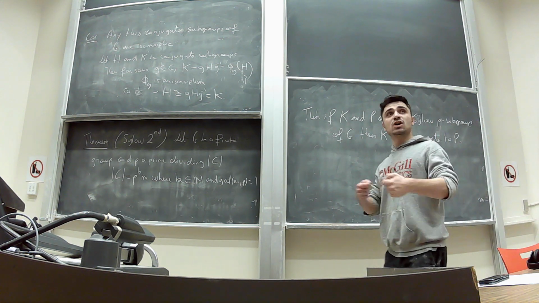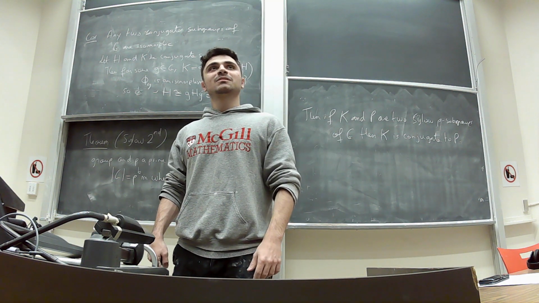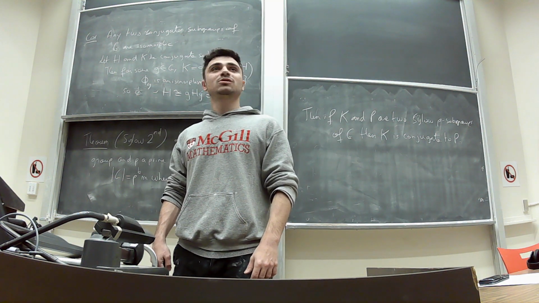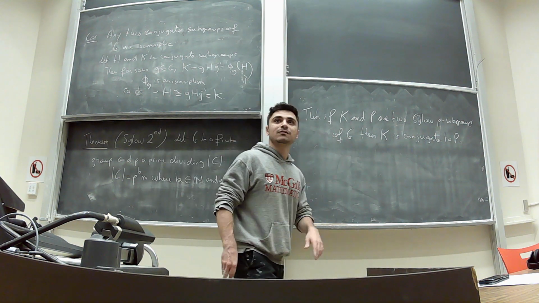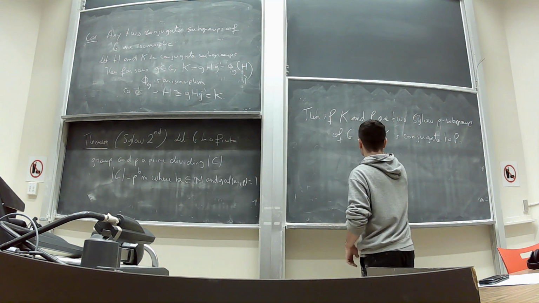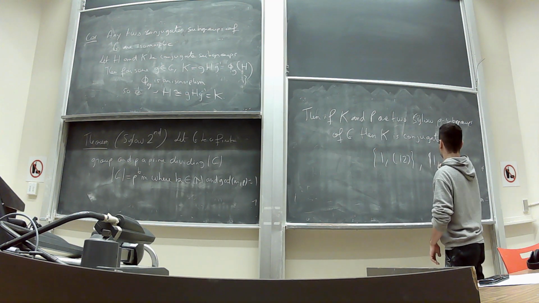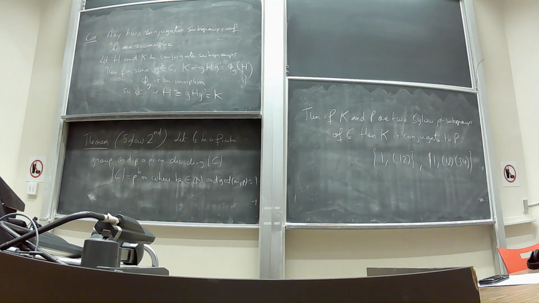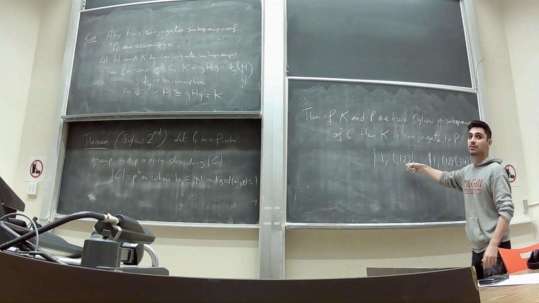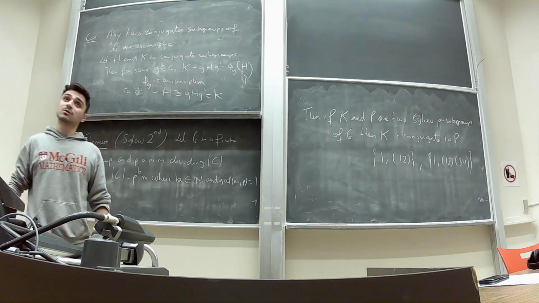Now, any two subgroups of order 8 in S4 must be conjugate. This is such a strong statement. This is not true if you take two subgroups of order 2, for example. If you take this subgroup and this subgroup, they have order 2, but they're not conjugate because these two elements don't have the same cycle shape.